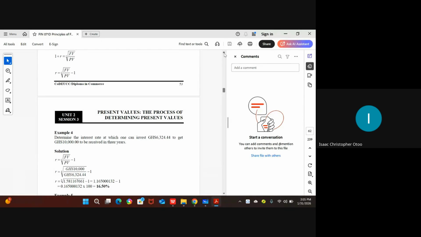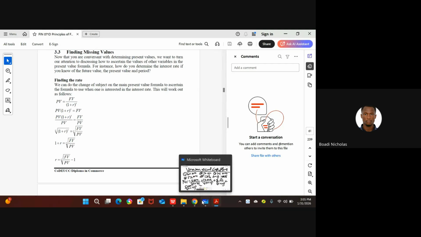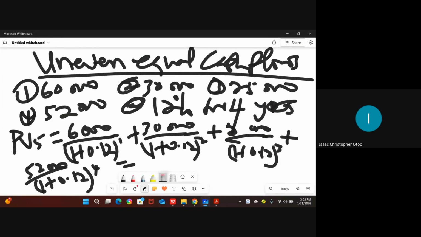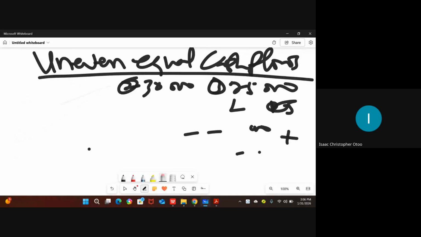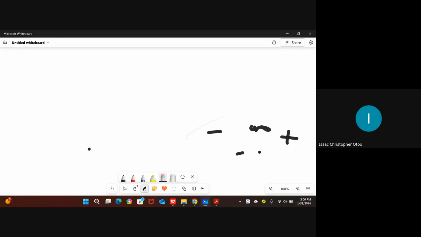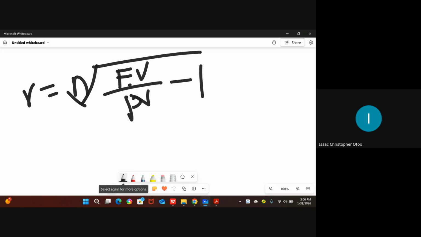Find the rate and the time. Didn't we? We did the rate. I remember, to find the R in this. Then we say the root of future value divided by the present value, all minus 1.